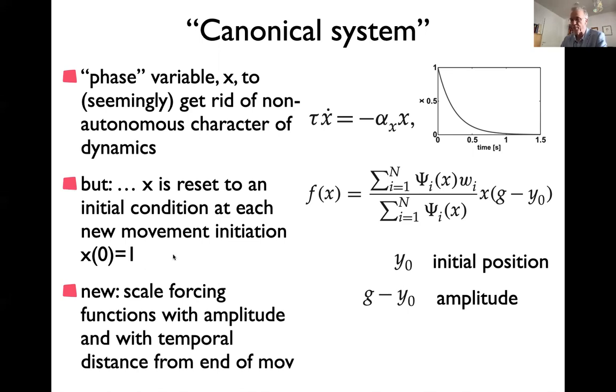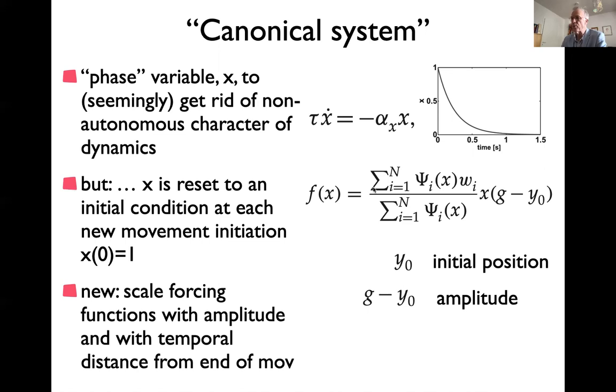And that actually is a practical problem. But it has certain mathematical properties that they exploit. So what they can do is now, when they replace time by this funny variable, they have this forcing function. Now here's the trick, they can turn on and off this modulation function. And see this in two ways. One is when x reaches 0 at the end of the movement, the forcing function is 0.